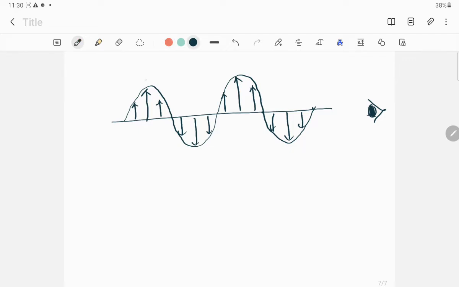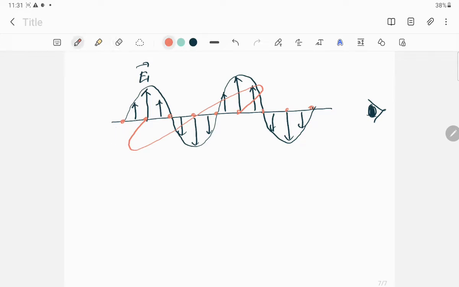This is our E1 vector. Now let me introduce the E2 vector. Since this is a point, this is a point, I need to introduce a phase difference of 90 degrees. How to do that? I will do it like this. We cannot start from here, because then the gap will be 0 degrees.